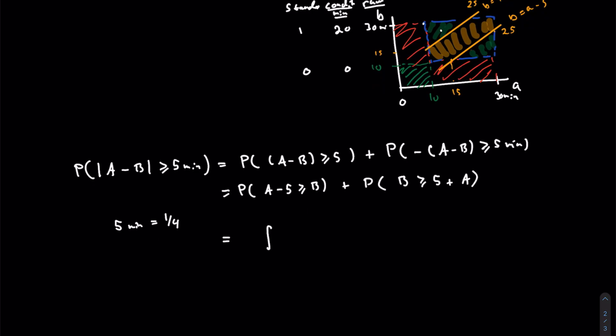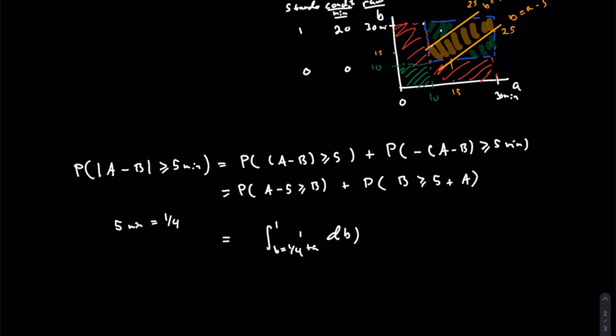So here we're moving, the lower region of the triangle is B equal to 1/4 plus A, and it goes all the way up to 1. And the CDF is 1 because it's the uniform. That's what I've defined this variable to.